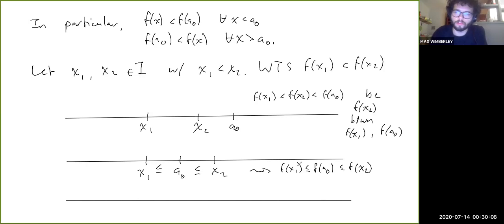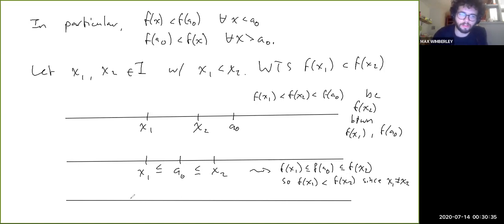And of course f of x1 is less than f of x2 because they're not equal, since x1 is not equal to x2. They have different values, and we already knew that. So this one is less than this one.